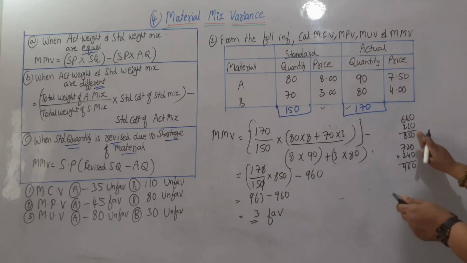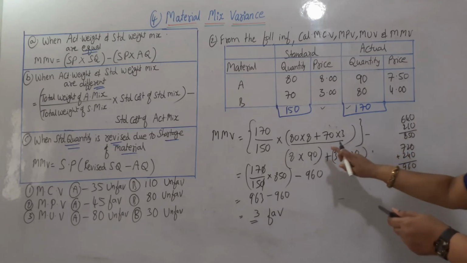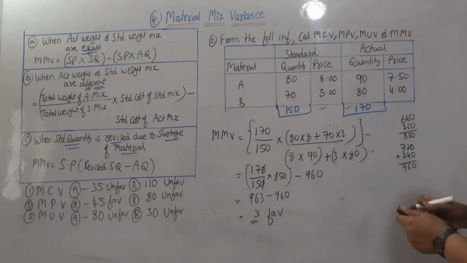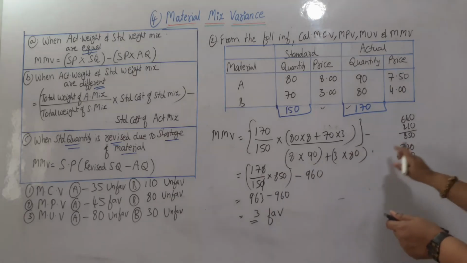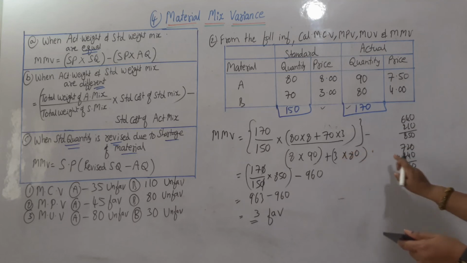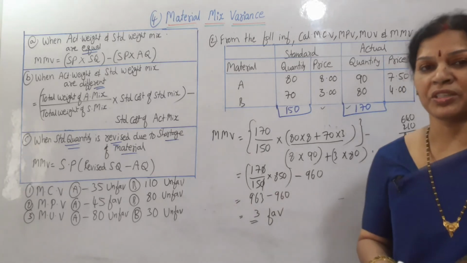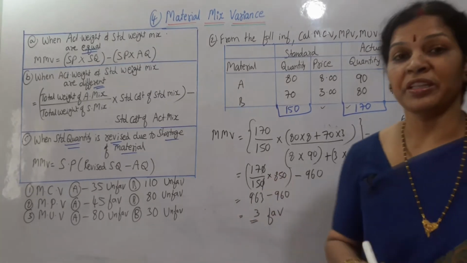So this is 850. And next, 80 into 90 is 720, 80 into 3 is 240, so 960. So altogether you are getting a favorable balance of 3. That's all. So this is about material mix variance.